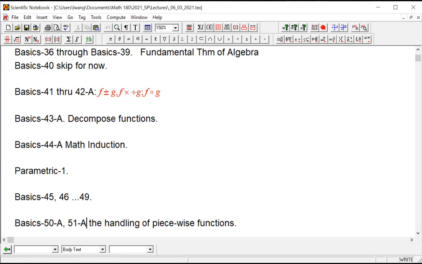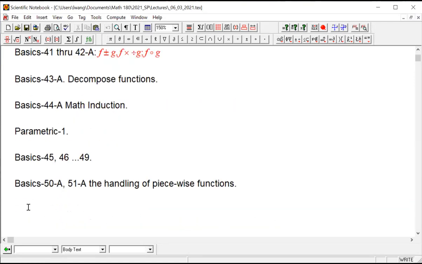The next one that we didn't get to cover is sequence and series. We did not have time to cover polar, sequence, and series.